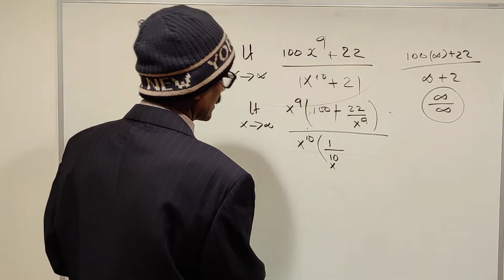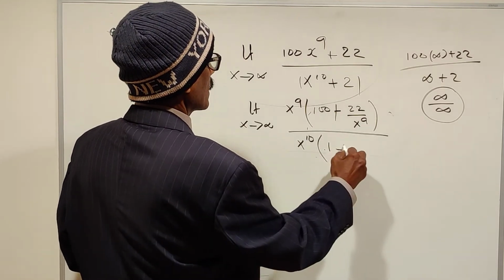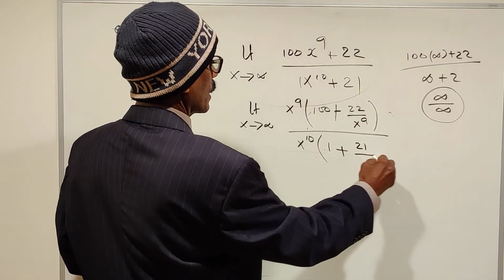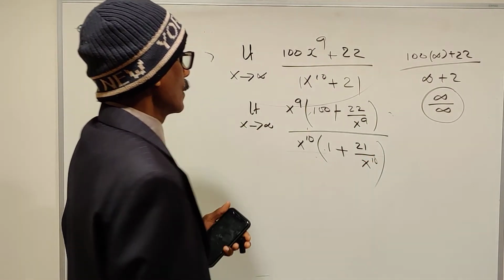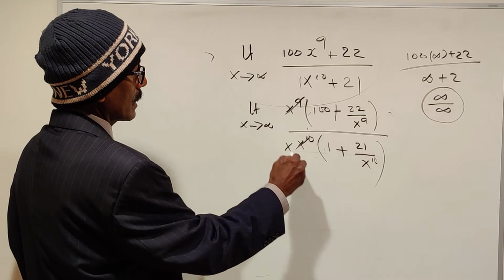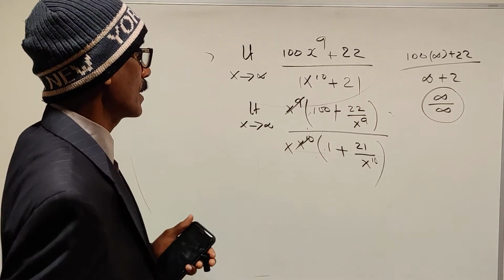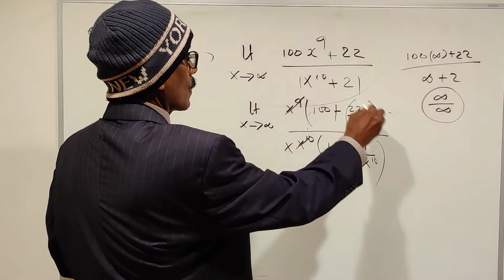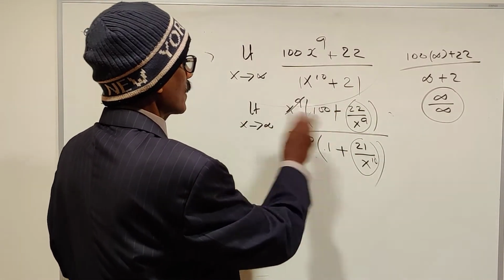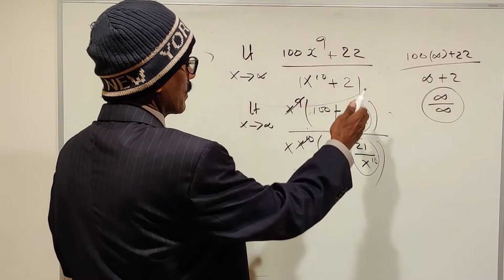Just 1. 1 plus 21 over x to the power 10. So you can cancel out this one and this one. The leftover is x in the denominator. So what is this? This one is 0. When you substitute x equal to infinity, this one becomes 0.